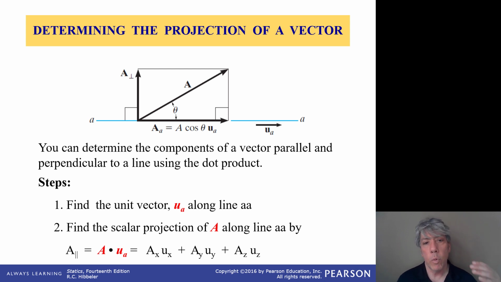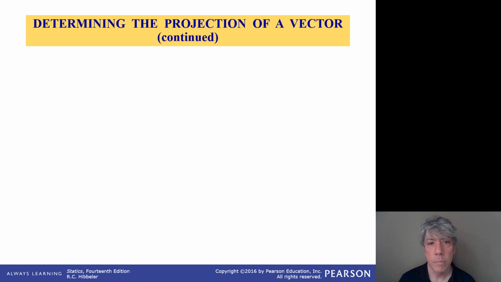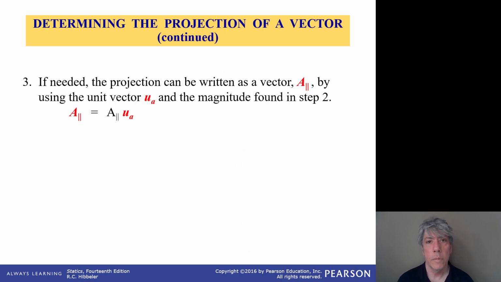One important point, though, is that the vector has to pass through one point on the line in our work. To find the scalar projection, in other words, the length of the shadow of A on AA, we take the dot product between vector A and unit vector u sub A. All that gives us is a length, because remember that the dot product just gives us a scalar.